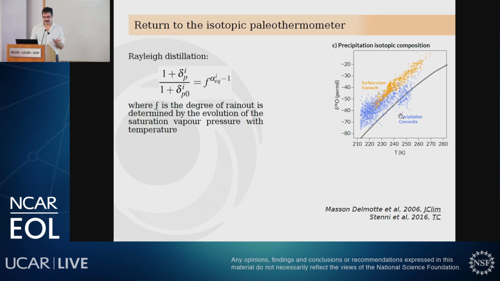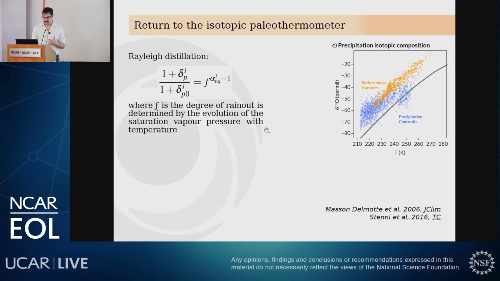If we try to fit a classical Rayleigh model, the idea is how we try to understand the change of isotopic composition is usually with this type of formula. The important term here is this Rayleigh fraction F, which is basically in a classical Rayleigh model just determined by the ratio of saturated vapor pressure across your range of temperature.